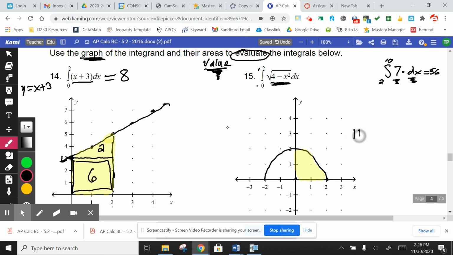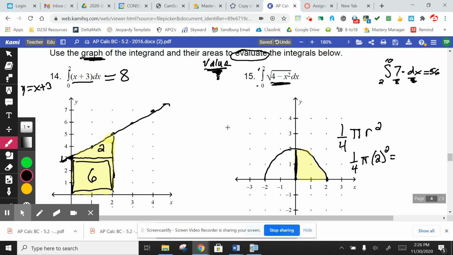So we know the area of a circle to be pi r squared. But since this region that we're concerned about from 0 to 2, so just this, is a quarter of a circle, we would just take pi r squared, multiply it by 1/4. This circle has a radius of 2.